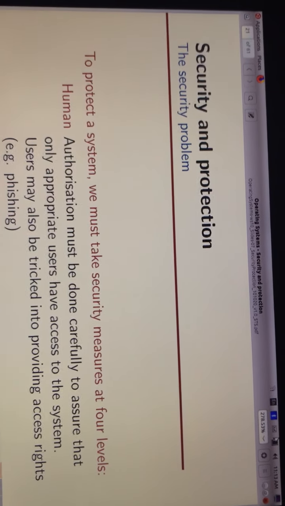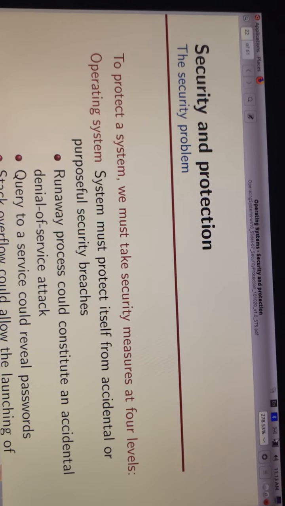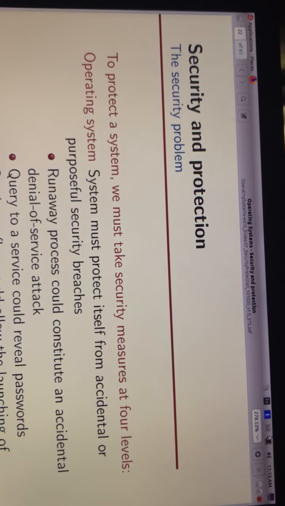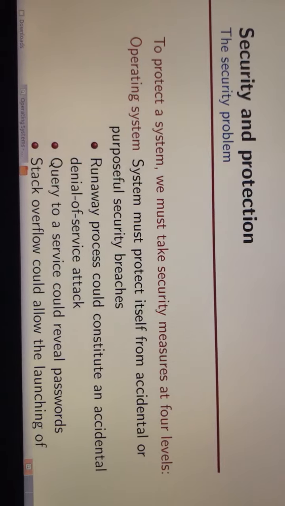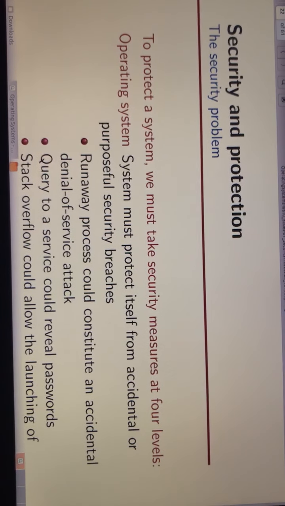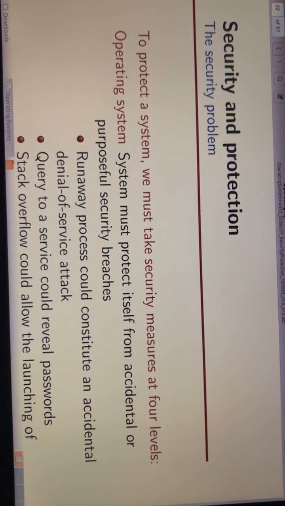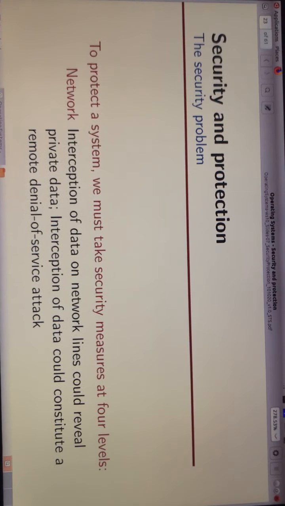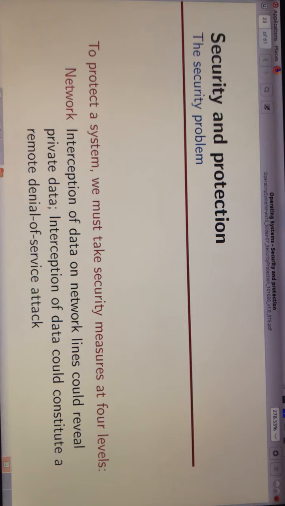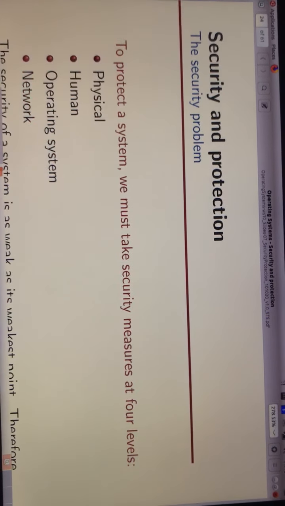That means the user has a corresponding username and password. Then the operating system must protect itself from accidental or purposeful security breaches. A runaway process could constitute an accidental denial of service attack. The network, that means interception of data on network lines could reveal private data.